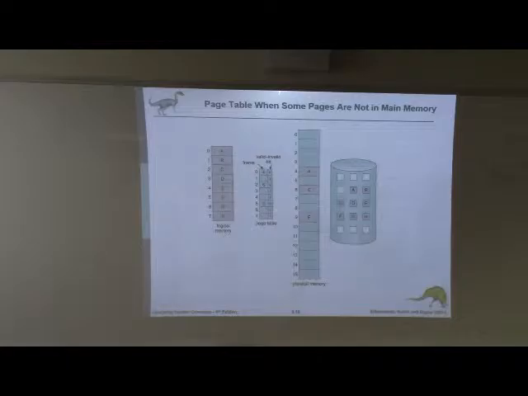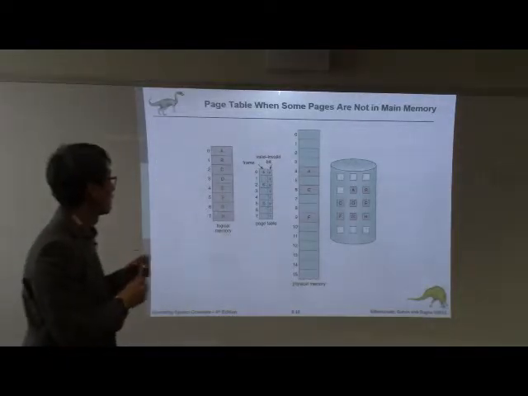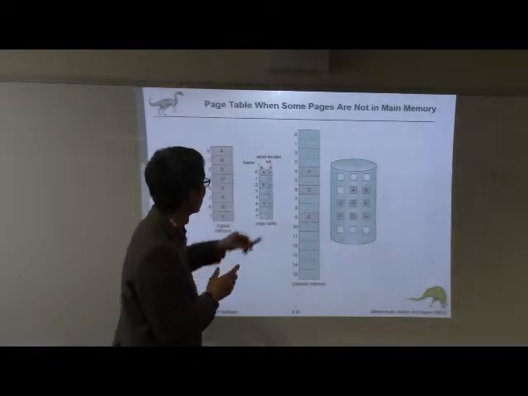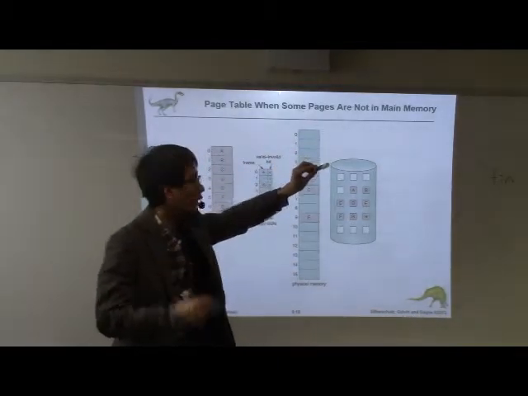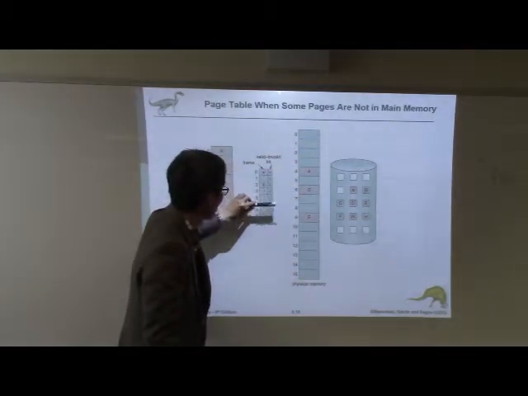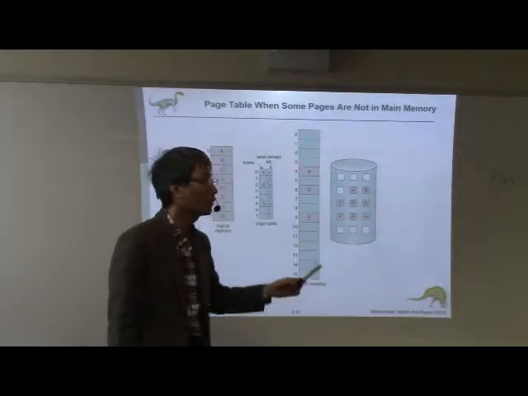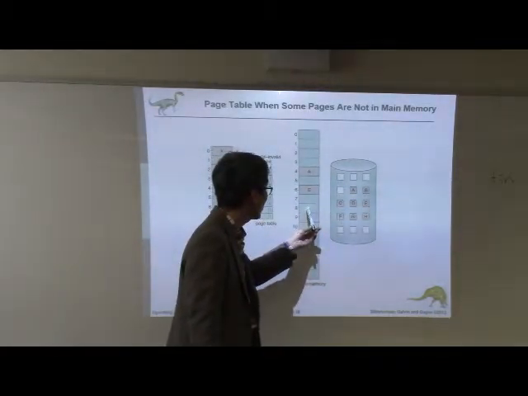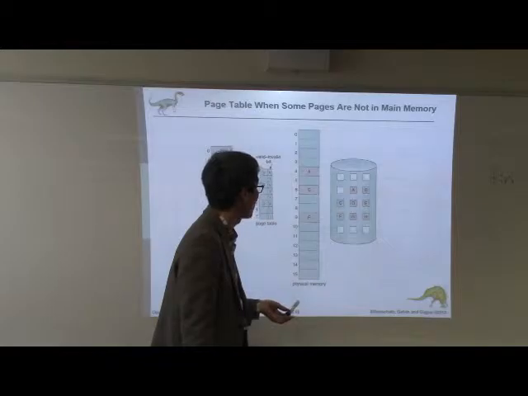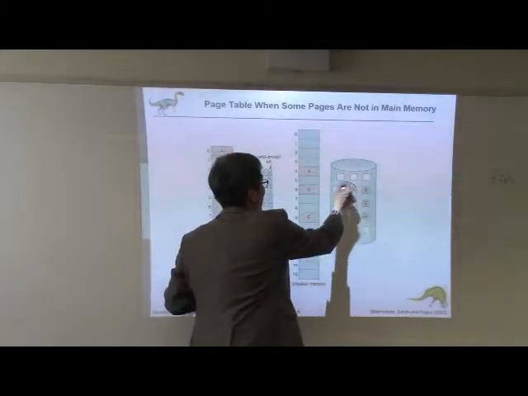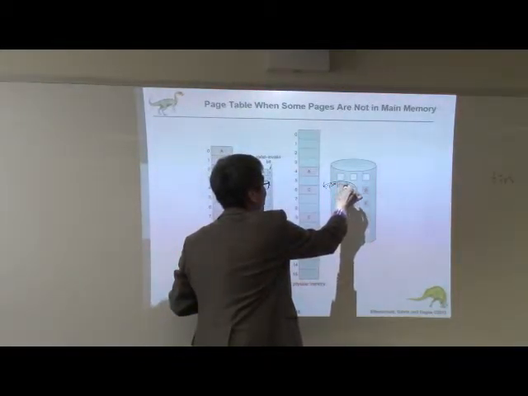Then what if we cannot find it in main memory? There are two cases. In case of invalid, we cannot find the page from the page frame, the physical memory, so we need to bring the page in.